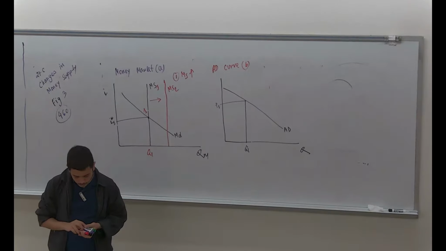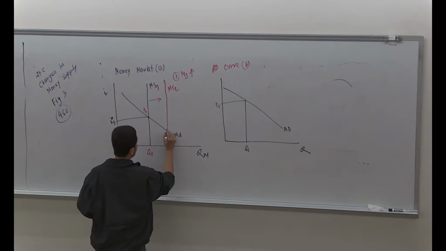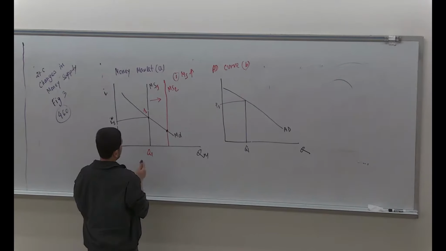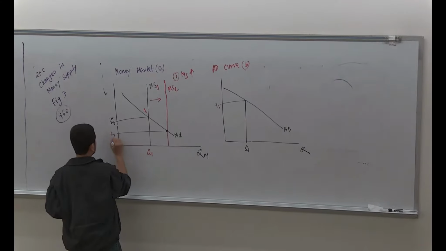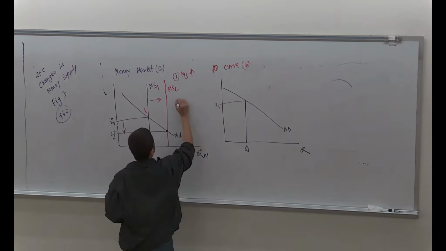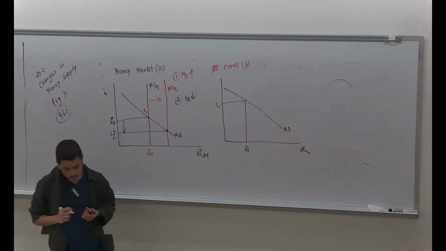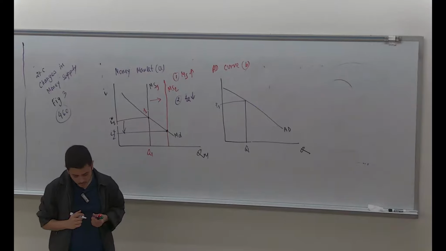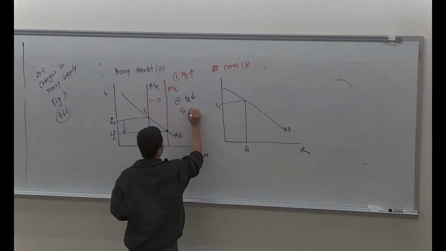So the first step, you increase the money supply. In the second step, when the money supply increases, we get a new equilibrium, i2, which means the interest rate falls. And we know that when the interest rate falls, investment goes up.